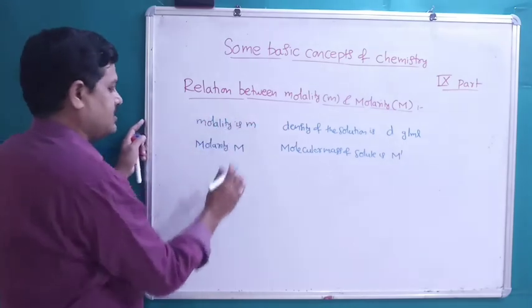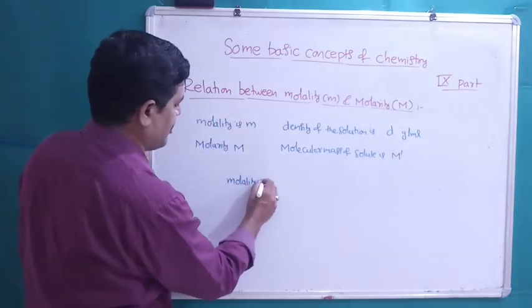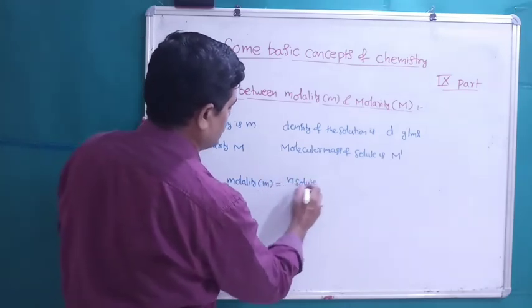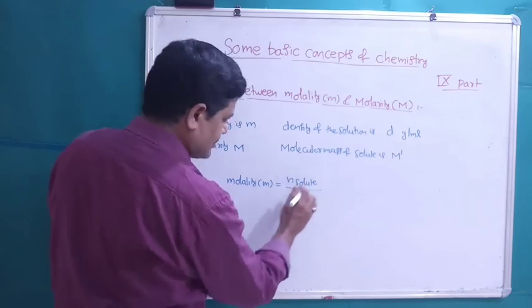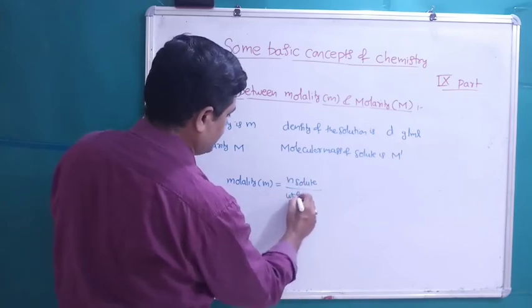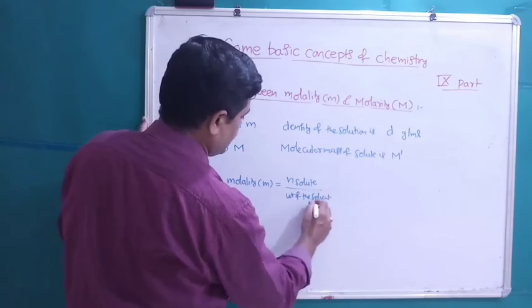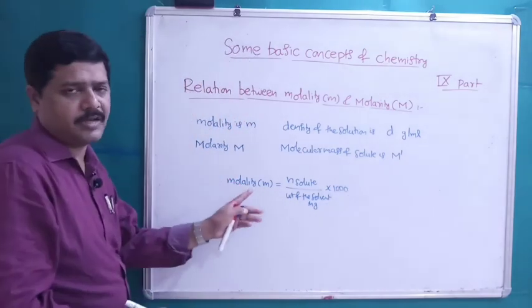So let us take the formula for molality first. Molality, small m, is equal to the number of moles of the solute divided by the weight of the solvent, if it is in grams, multiplied by 1000, right? This is the formula for molality.